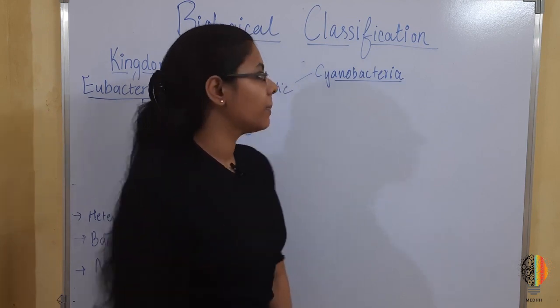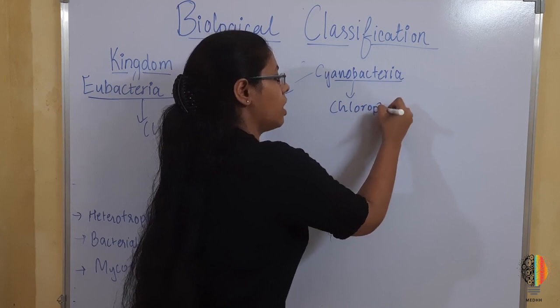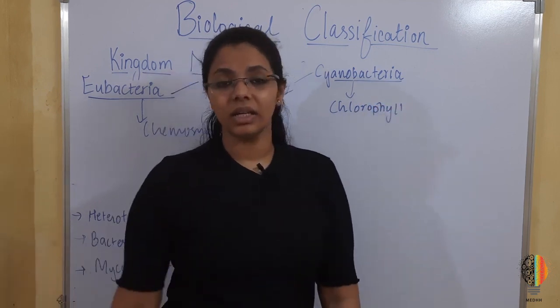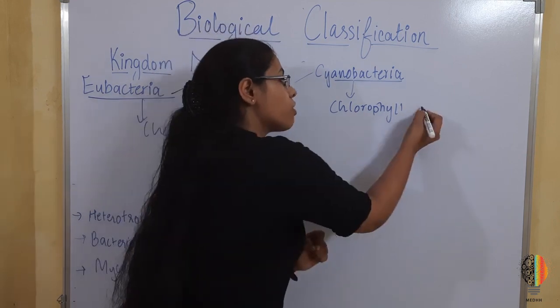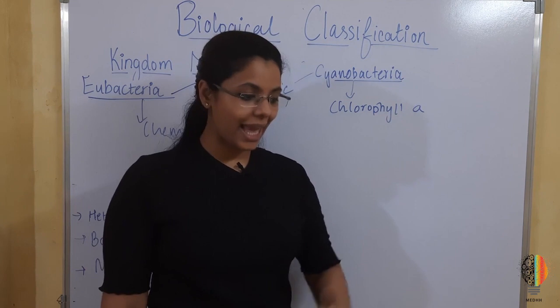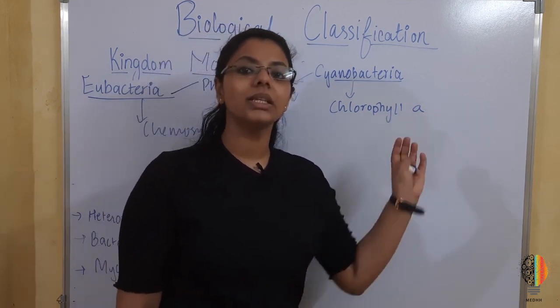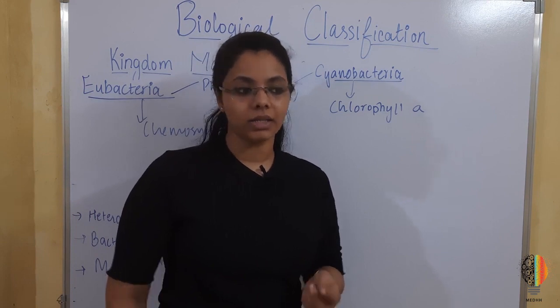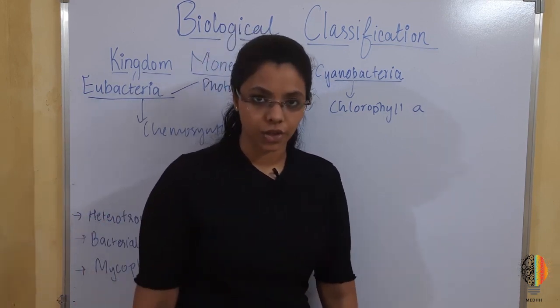So what would be the pigment? The pigment would be chlorophyll, which is similar in case of green plants. Okay. The chlorophyll, which chlorophyll? Chlorophyll A, because there are types of chlorophyll A, B, C, and this is one of the types. These are the things which you will learn in higher classes. What are the different types of chlorophyll and what is their function?